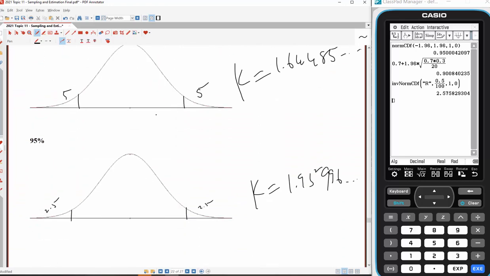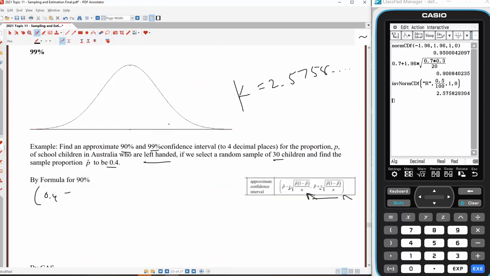I can't really read my own writing. 1.64... times 0.4, 0.6 all over n, which is 30, comma 0.4 plus 1.64... times, we know what n is, come on, 30.